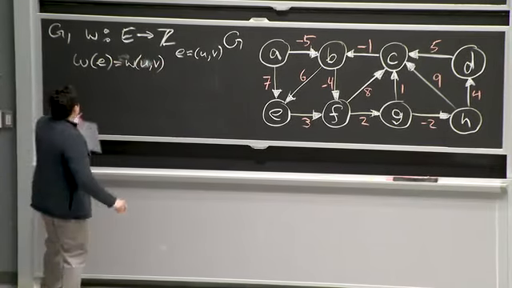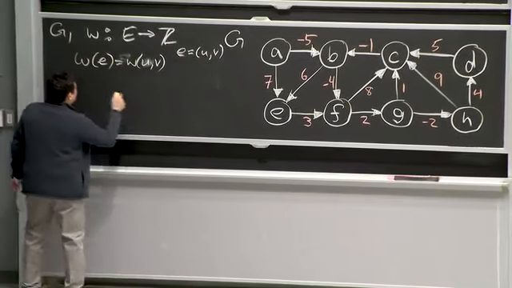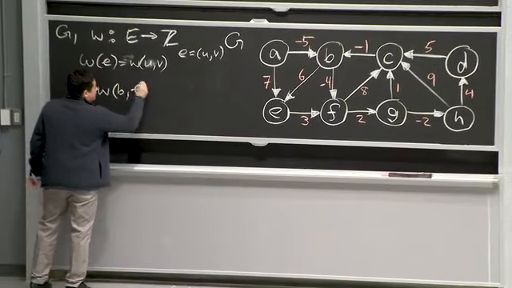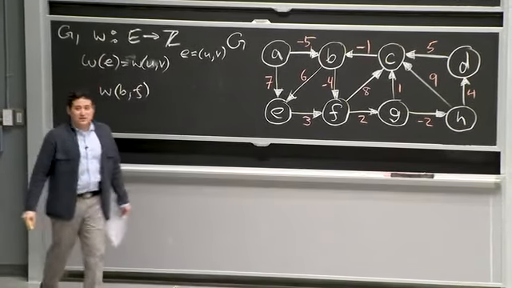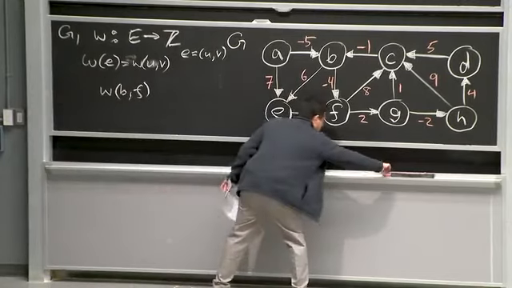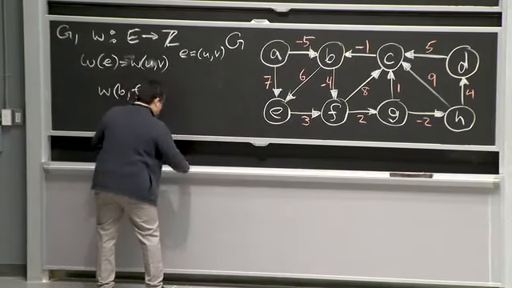But this is just talking about our notation. So in general, for example, the weight from vertex B to F in this graph is what? Can someone tell me? -4. It's right here, and I'll be consistent with my coloring because I've got colored chalk today.